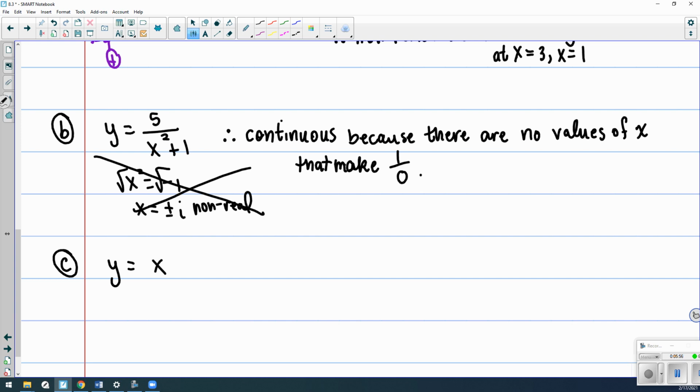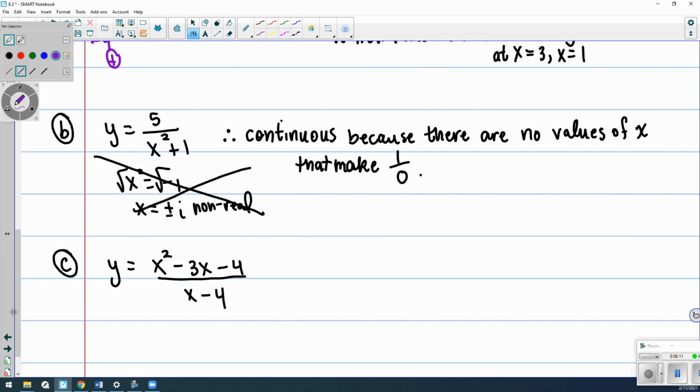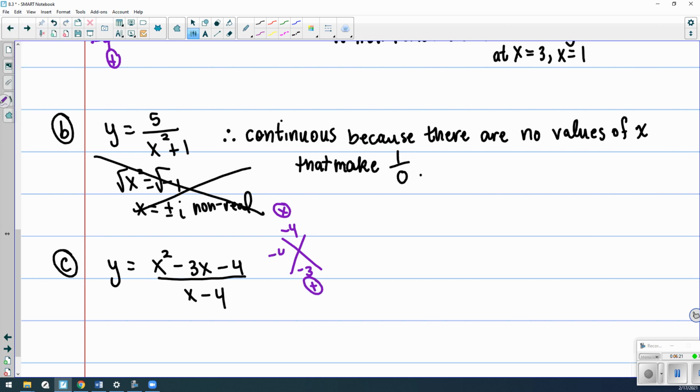We've got x squared minus 3x minus 4 over x minus 4. Hey, another opportunity to factor. Yes, I'm so excited. Can you tell me two numbers that multiply to negative 4 but add up to negative 3? How about negative 4 and positive 1?